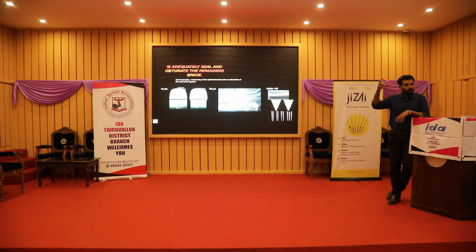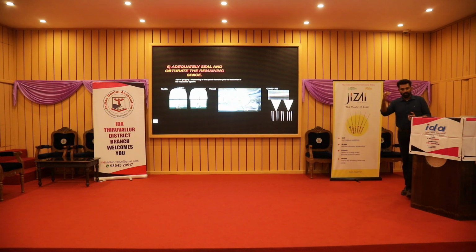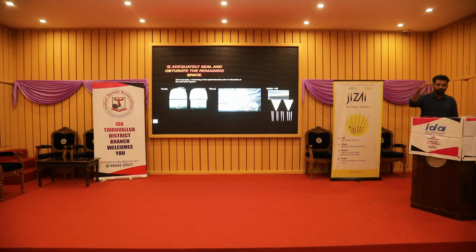A scratch mark in the coronal portion means your orifice enlargement was not good enough. If there is a scratch mark in the middle portion of the GP, that means there is middle third interference, meaning your instrumentation was not circumferential. You have to do a circumferential enlargement of the canal using the rotary file.